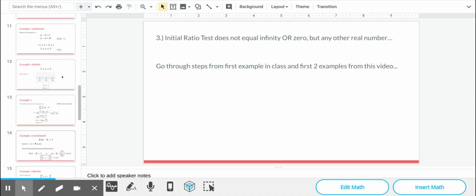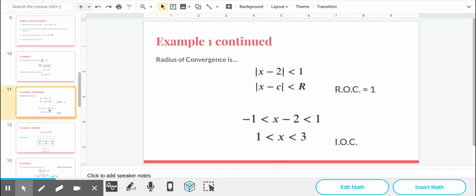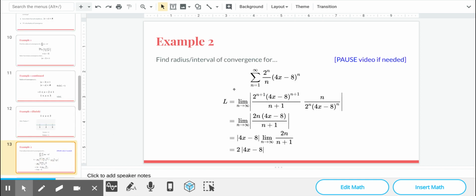And so if I were to go back, that would be something like this example 1, right? The ratio test did not come to 0 or infinity. It came to the absolute value of x minus 2. Okay, and then I actually had to solve for the radius of convergence at that point. For interval of convergence, let's take this one, right? So here's my ratio test, does not go to 0 or infinity.